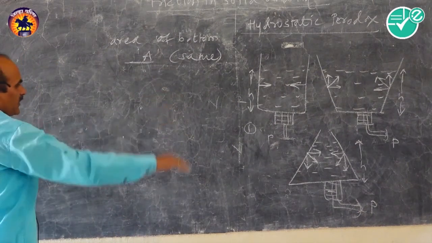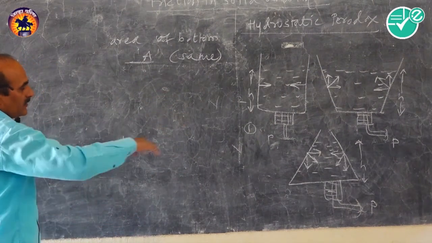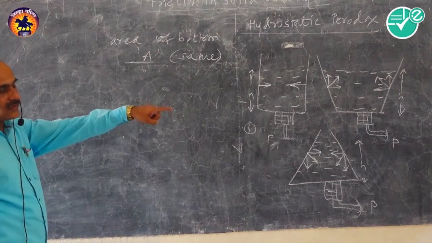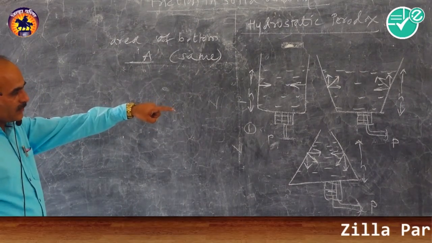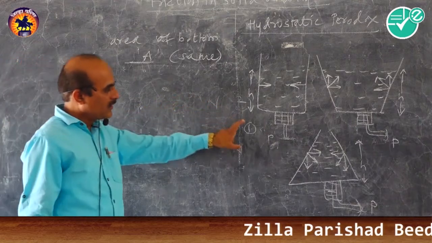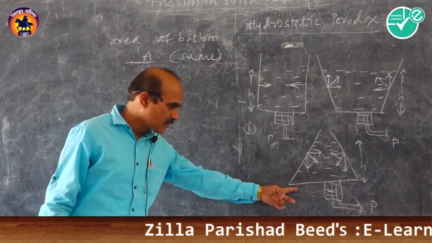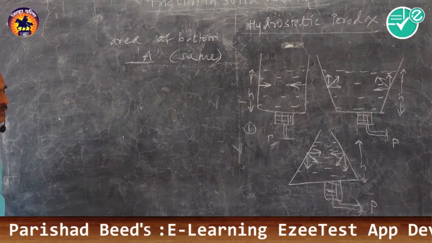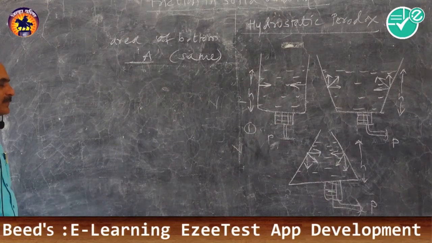The weight is different in all these vessels. In the second vessel, the weight is greater than the first, and it is greater than the third, but you can see that the pressure in all the liquids at the bottoms is the same.